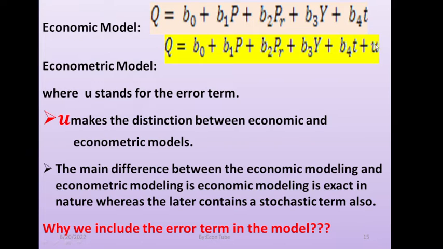We may face some errors. Maybe we can ignore randomness, but we cannot include all the variables which can affect our dependent variable. In order to account for variables left out of the model, we add u here.